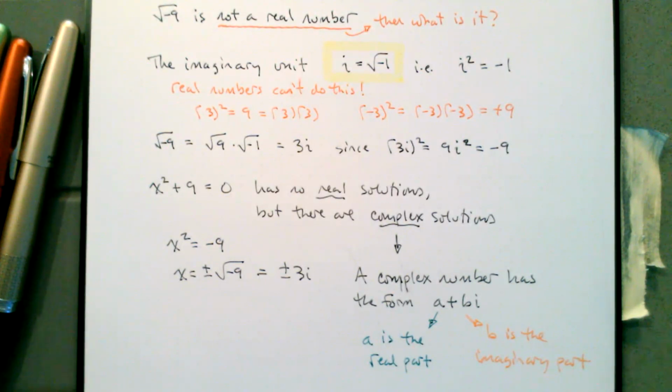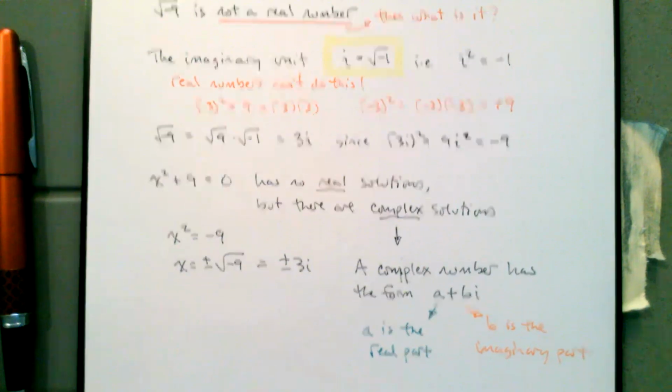If a is equal to 0, then our number is pure imaginary. If b is equal to 0, then our number is real. So in this sense, the complex numbers are a superset of the real numbers. All real numbers are complex numbers with an imaginary part equal to 0.